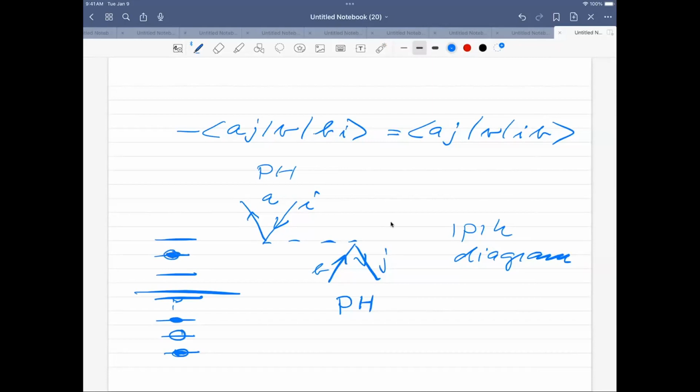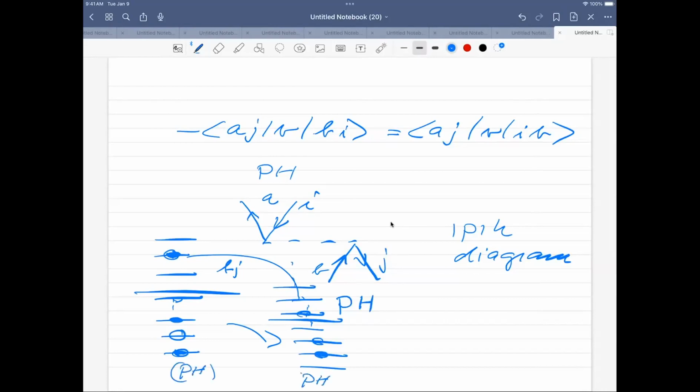So this could be your combination BJ. And then you interact, and then you end up with a new one particle, one hole state, where you then have this first one, which is occupied, and the one which was vacant is now occupied, and the one which was occupied is now vacant. And you create a new, so you have a particle-hole state here, and you end up with a new particle-hole state here. So that's the way you could think of this as a physical mechanism.